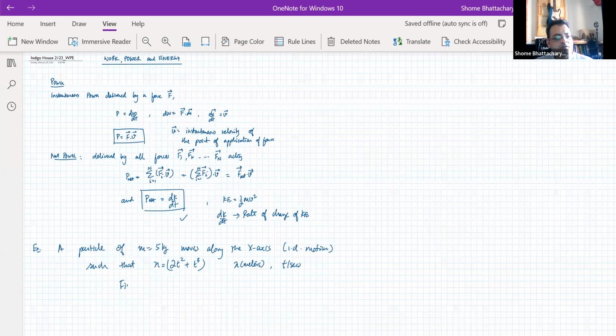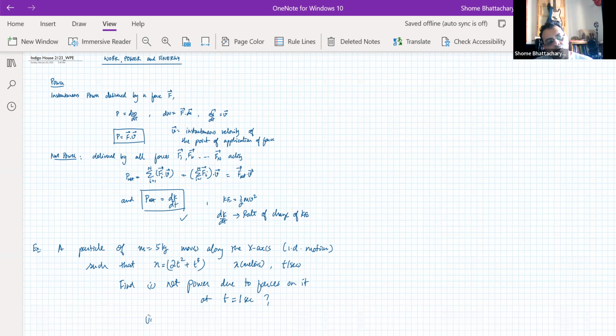So we want to find the net power due to forces on it at t equal to 1 second, and the net work done by all forces from t equal to 0 to t equal to 1 second.